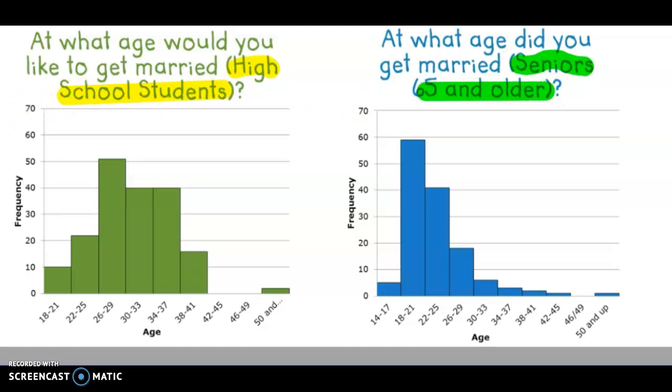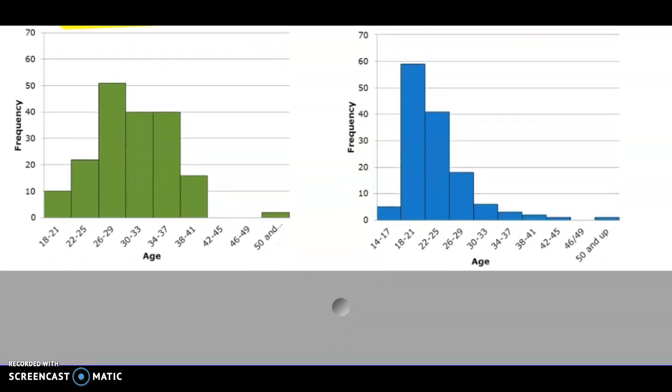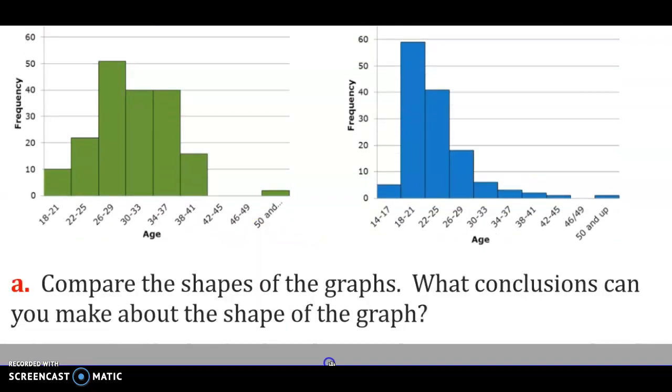And we're going to compare the results. If you need to back up, you might want to just figure out where you are on the time and back it up so you can see the graph. So let's take a look. My question is, compare the shapes of the graphs. What conclusions can you make about the shape of the graph? Do me a favor, just hit pause on this and see if you can do some analysis.